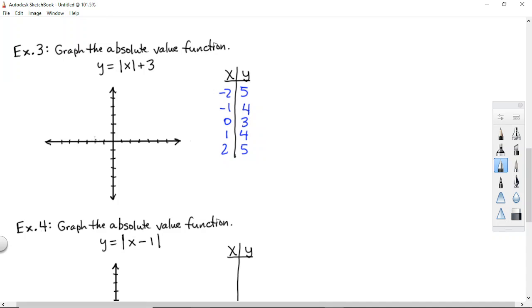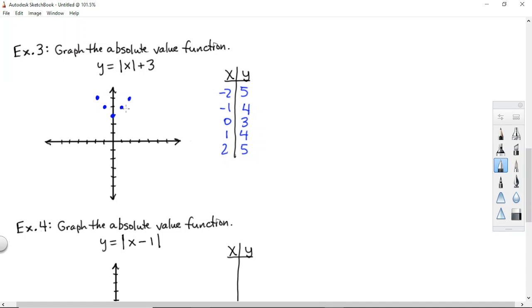We will plot them. Negative 2, 5 is right here. Negative 1, 4 is right here. 0, 3 right there. 1, 4 is here. And 2, 5 is here.